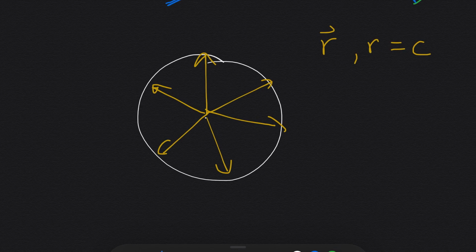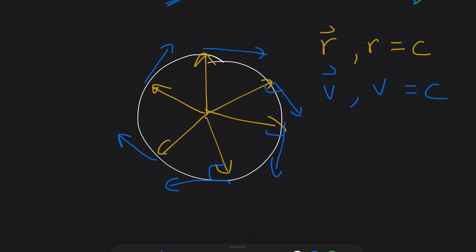And the magnitude of r, which I'm just going to call r, is constant. Velocity, which I'm going to use blue for, is tangential to the circle, so it's forming right angles with the position. All right, so that's velocity. So velocity is changing, but its magnitude is constant. Now, it's not the same constant, so maybe we'll call it constant 1. It's a different value, of course.